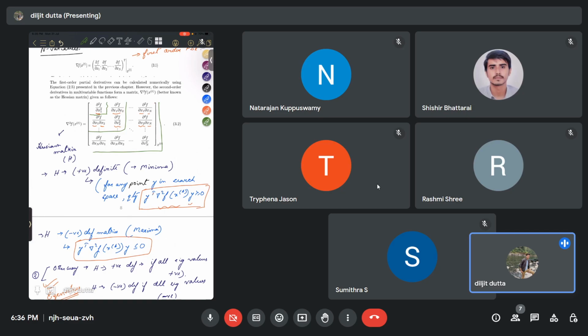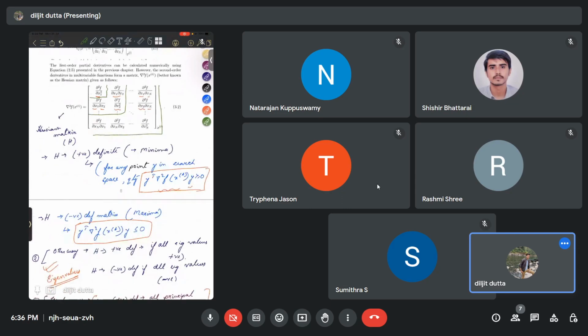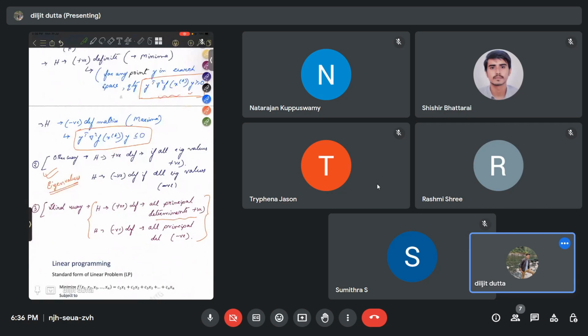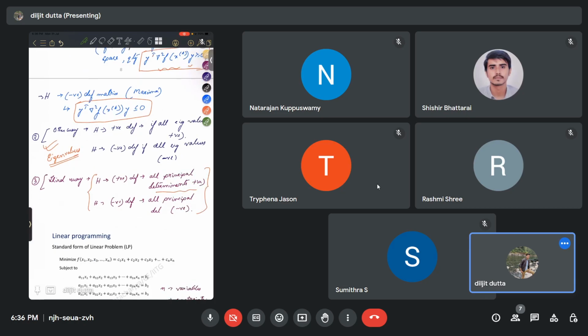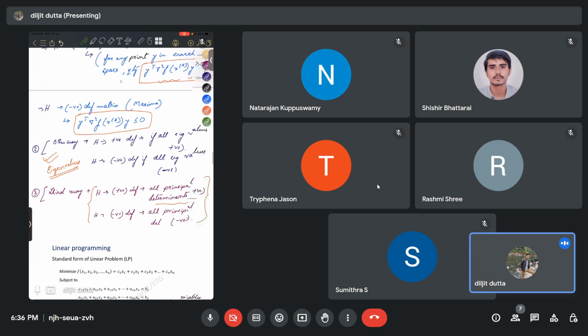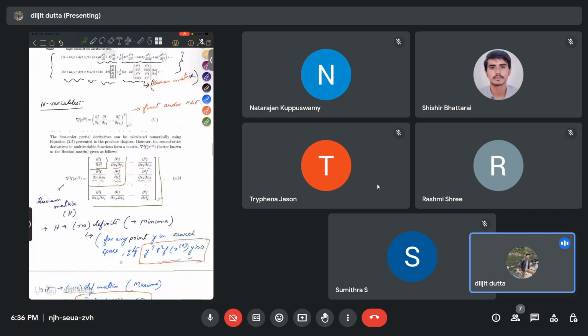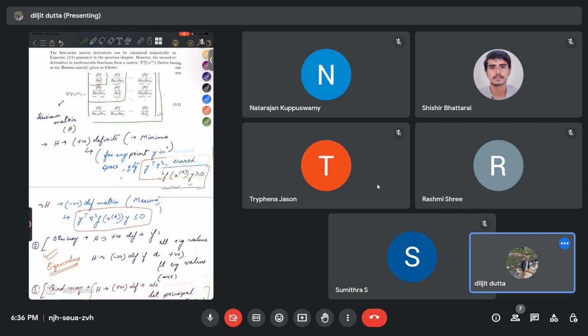If we find the determinants of all these square matrices inside the Hessian matrix, and all the determinants are positive, it is called a positive definite matrix. If the principal determinants are all negative, then it is called a negative definite matrix. And if one is positive and another is negative, then it is an inflection point, so in that case we cannot say it is a minima or a maxima.